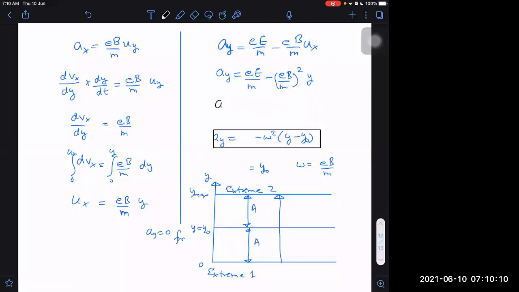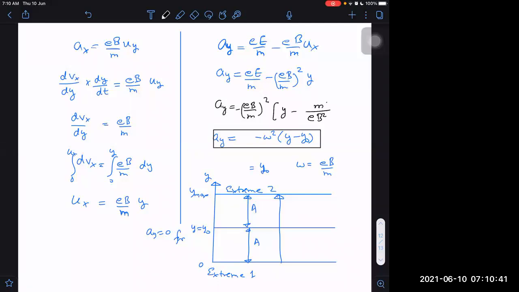AY becomes equal to EB by M whole square taken common, minus, and then multiplying with y minus what is left inside. I have taken M square outside and M will go in the numerator. And E by EB, sir. E will come in the denominator. And B square will come in the denominator.